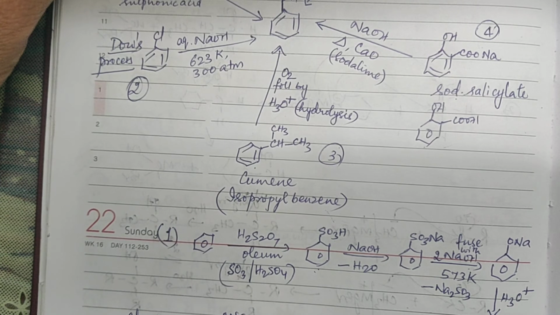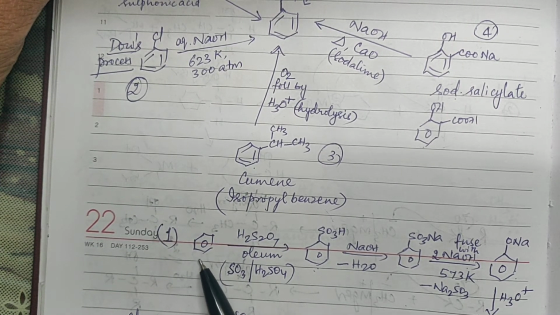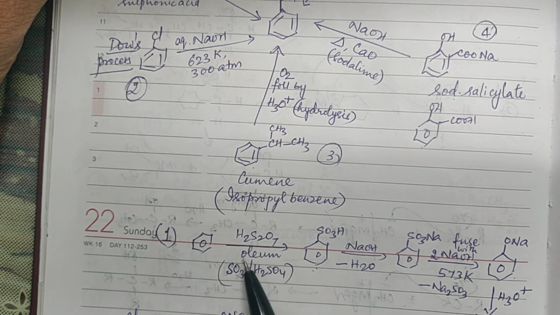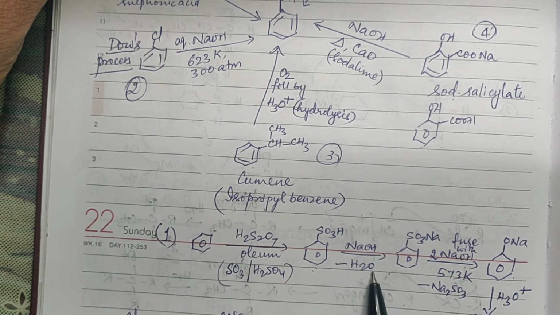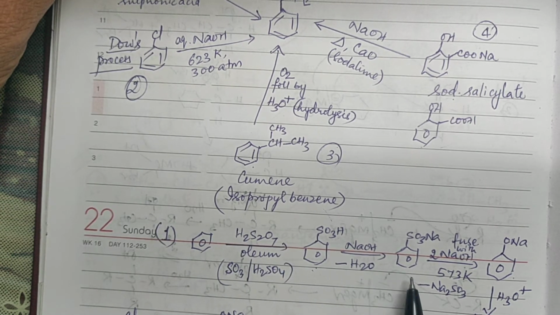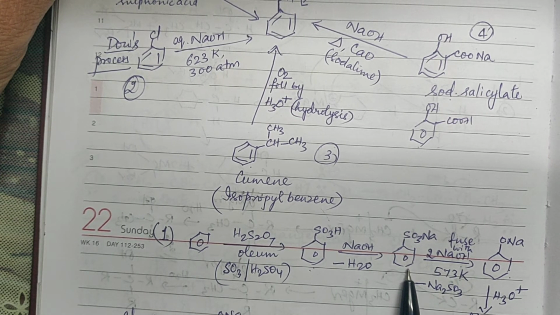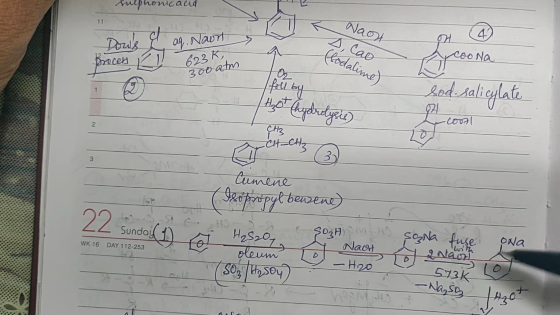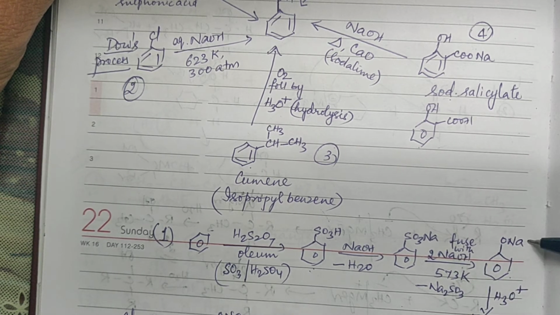I have given you the detailed reactions. First, benzene sulfonic acid, how it is formed by the treatment with oleum. Then it is further treated with sodium hydroxide, you will get sodium benzene sulfonate. Then again you fuse with sodium hydroxide, you will get sodium phenoxide.